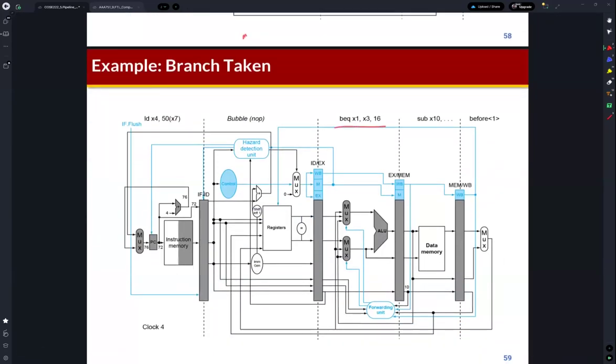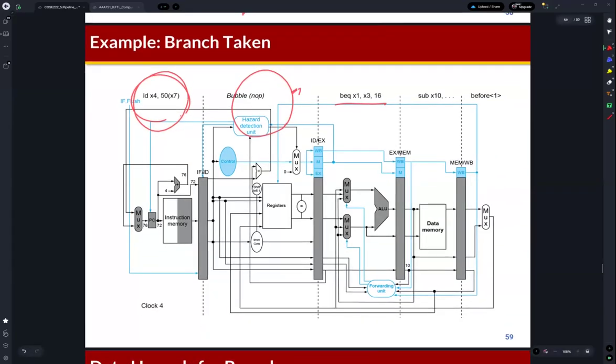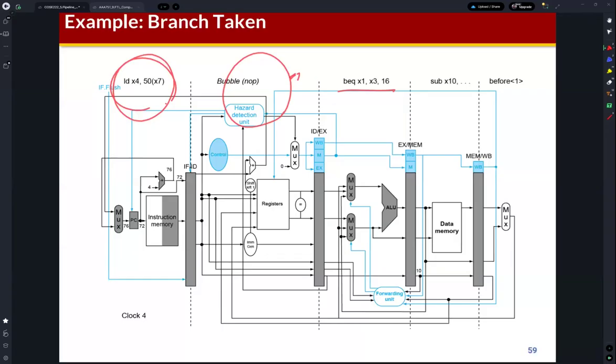So the branch is here, and then the next is the target of the branch instruction. The target of a branch instruction will be fetched earlier, and only 1 cycle will be wasted. Okay, but I don't like this solution. Why? What's the problem of this solution?